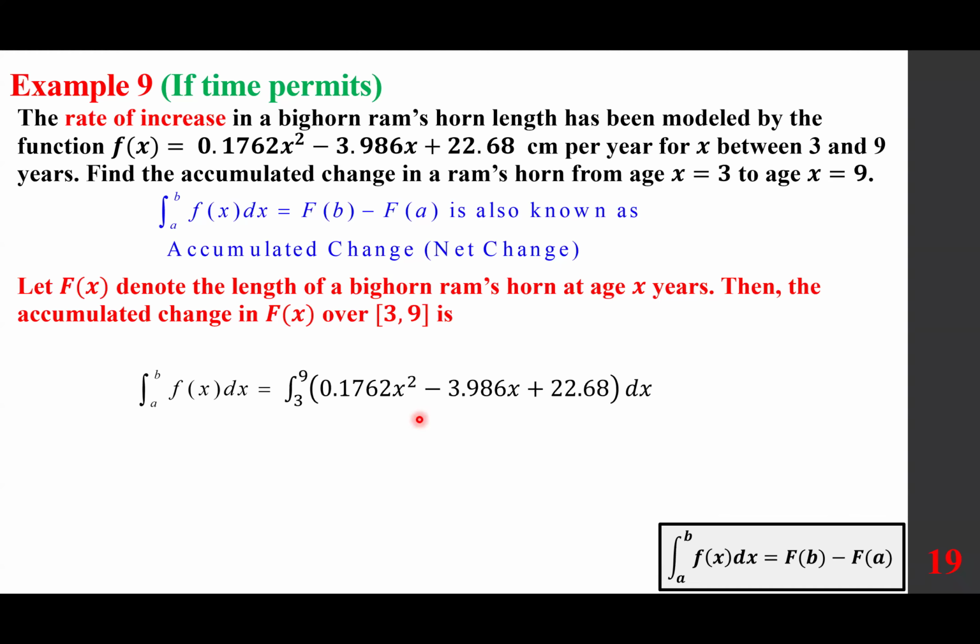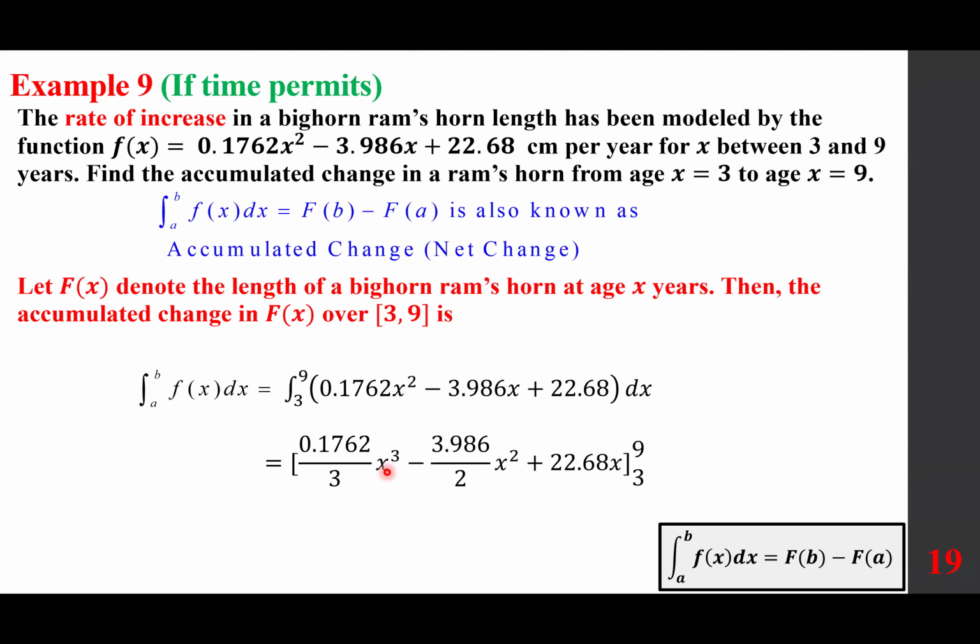So this becomes 0.1762 divided by 3 times x cubed, minus 3.986 divided by 2 times x squared, plus 22.68 x, from 3 to 9. Of course, you need a calculator because it's a little tedious if you want to do it by hand.